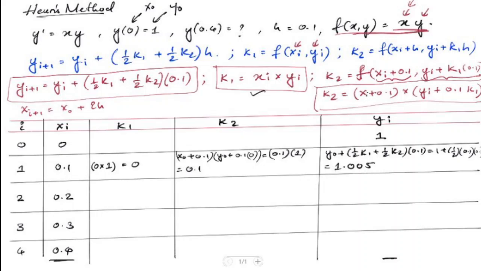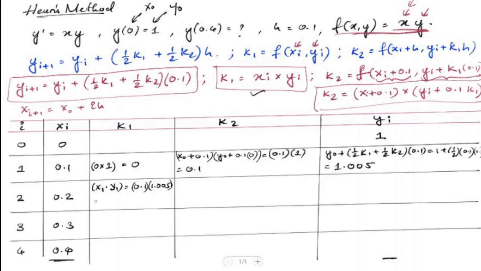Now if we go to calculate k1 for x2, we will have x1 times y1. So x1 now is 0.1 here, times y1, what we just got, 1.005.